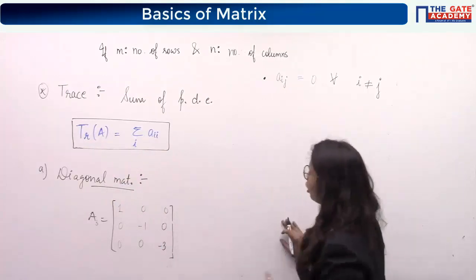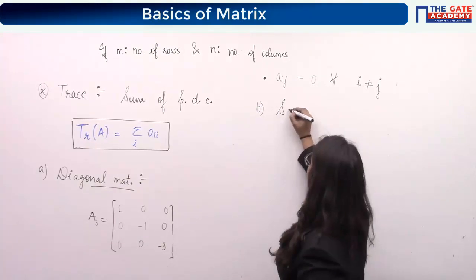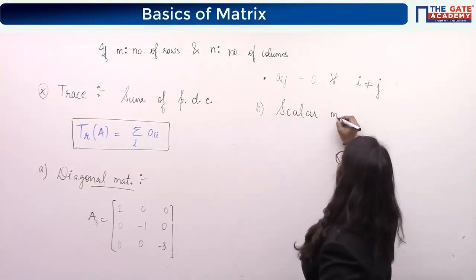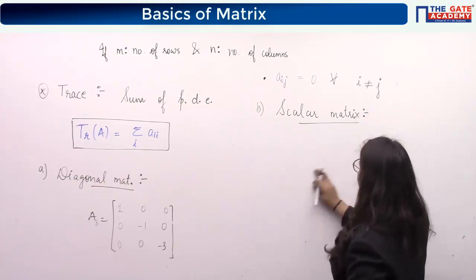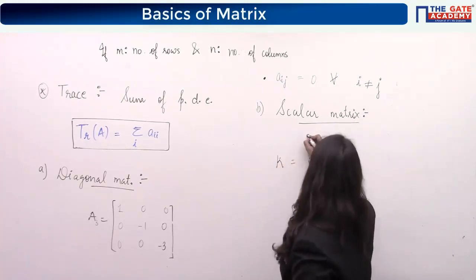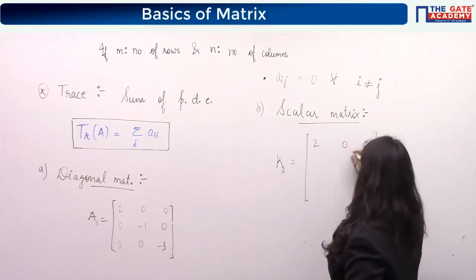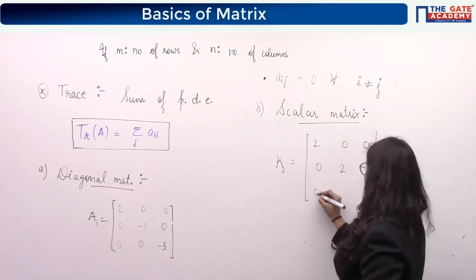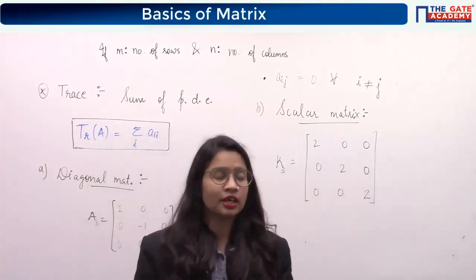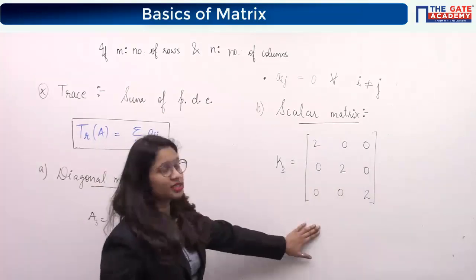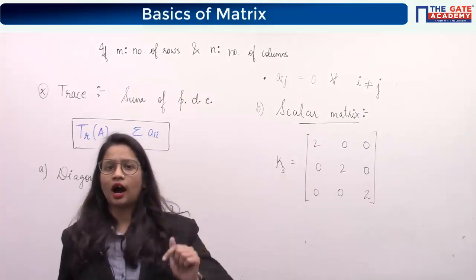So let's talk about the second type of square matrix now, which is known as the scalar matrix. What do you mean by scalar matrix? Just write down this example and you will get to know what a scalar matrix is. So a scalar matrix, first of all, is a diagonal matrix in which all the diagonal elements are the same.